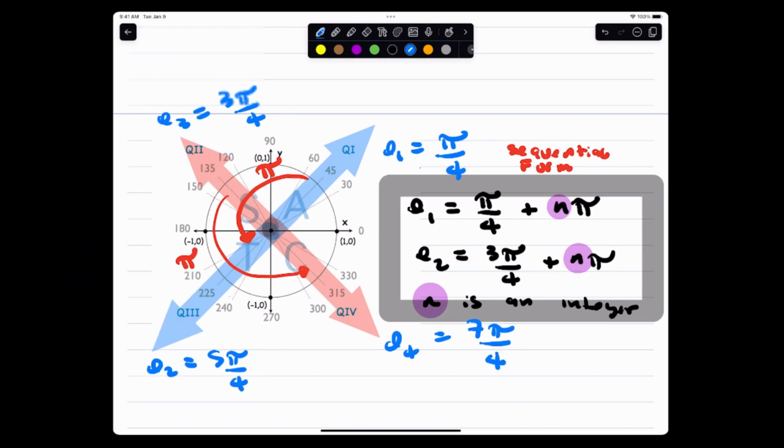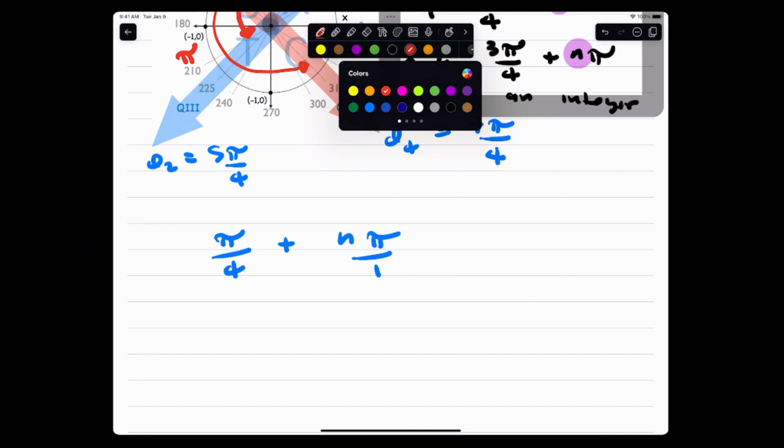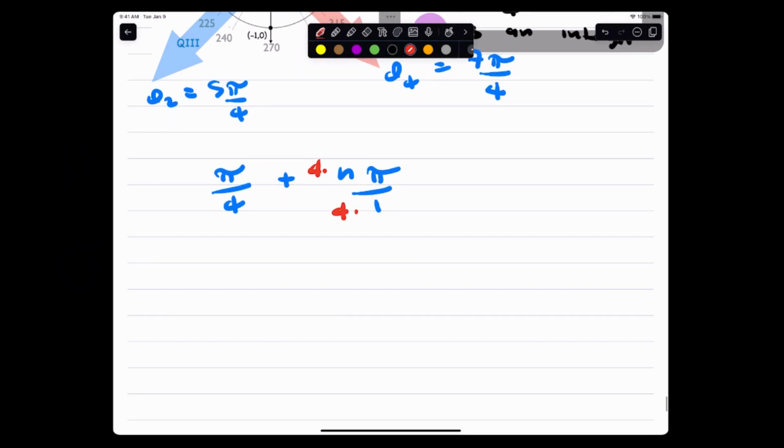Pi over 4 plus n pi. So you're going to multiply the top by 4, the bottom by 4. You have pi over 4 plus 4n pi over 4.